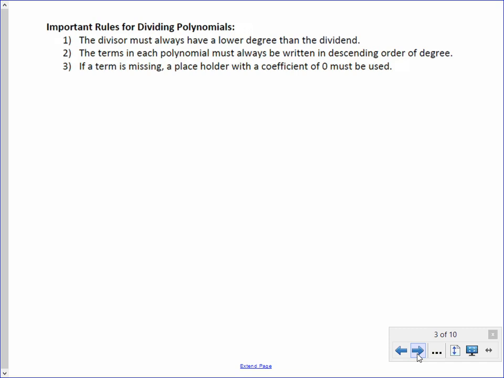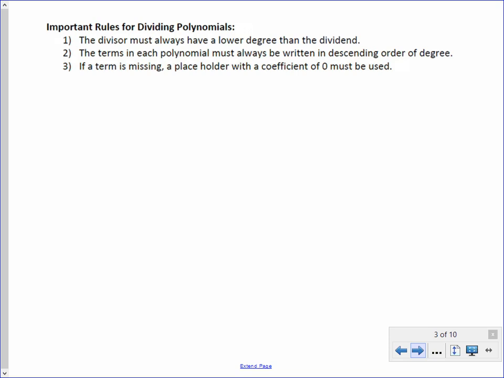Otherwise, it's like me saying that 2017 and 7,210 are the same. You can't just switch the order and get the same answer. You have to keep things in order of degree, and that's true for both the divisor and the dividend.